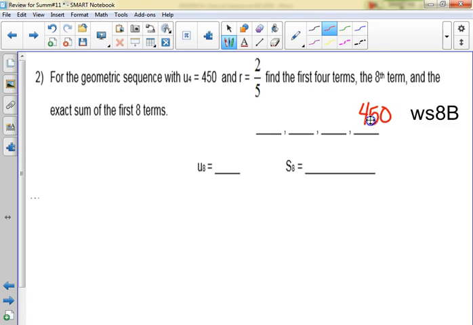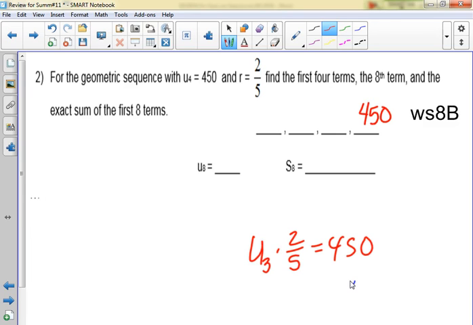The next term you would multiply by 2/5, right? So to go backwards, there was some term 3, and it was multiplied by 2/5 to get 450. So how are we going to undo that? We could multiply by 5/2, the reciprocal, or we could divide by 2/5, doesn't matter.